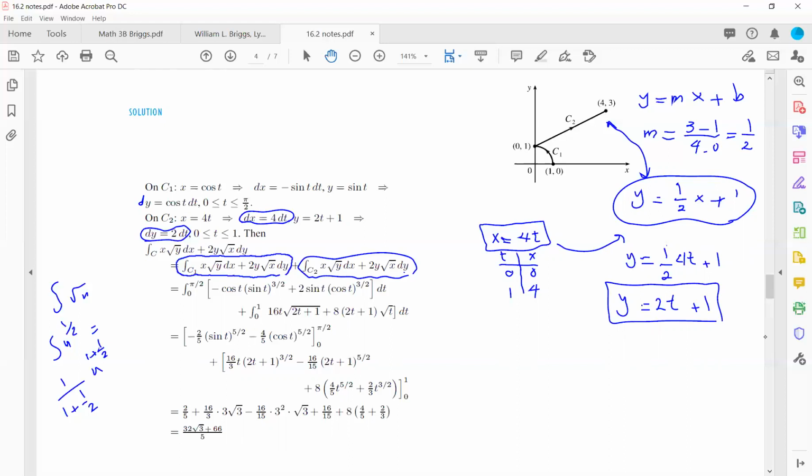So after taking the integral, you have just negative 2/5 sine t to 5 over 2 minus 4 over 5 cosine t to 5 over 2.